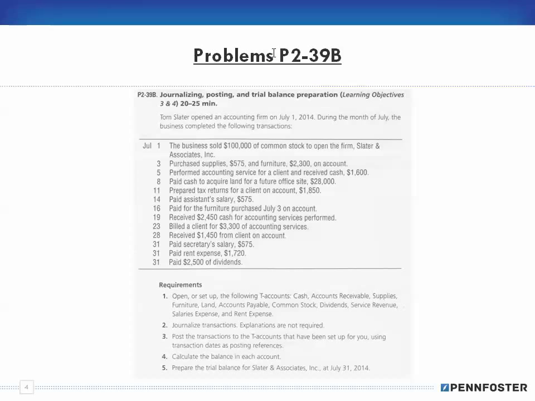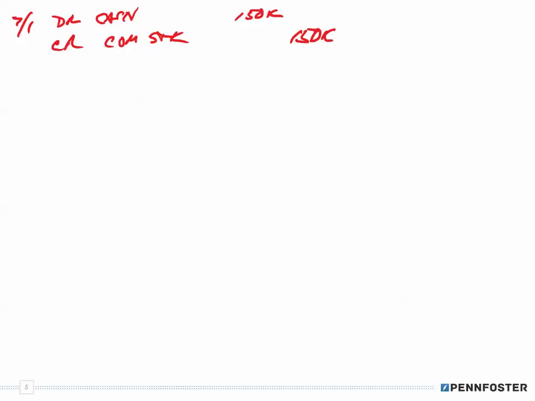So that's 150,000. I'm going to credit common stock for 150,000. Okay, I'm sorry, not 150, 100,000. So that's 100,000.